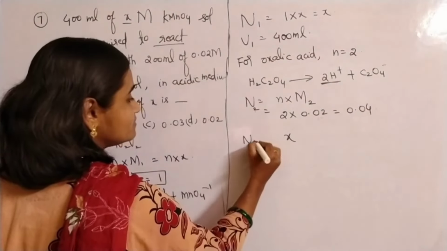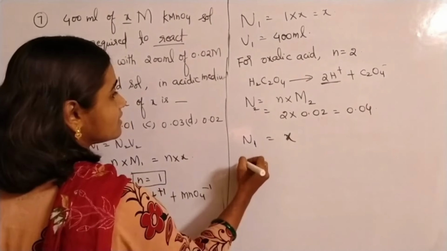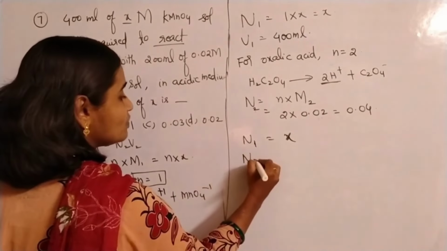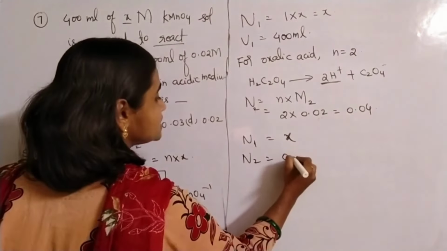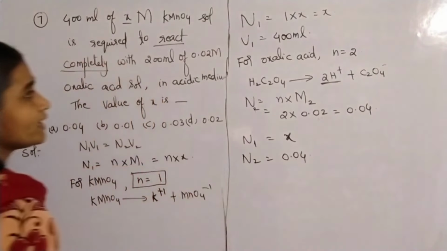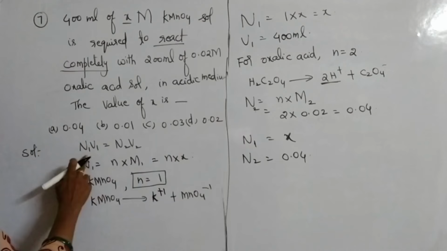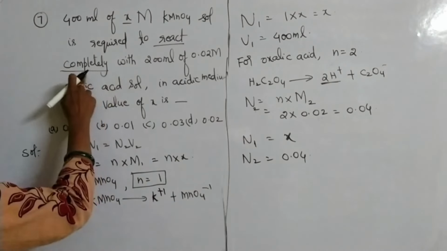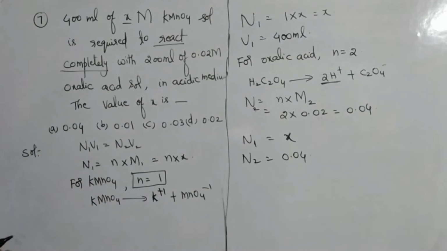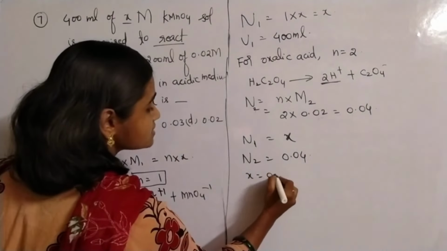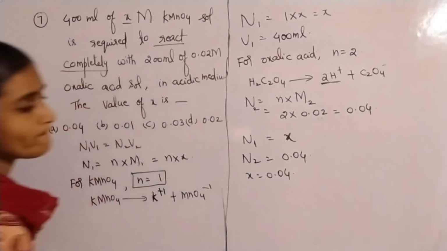Okay, n1 value we got it as x, and n2 value we got it as 0.04. Okay, so in both the cases their normalities are equal. See, complete neutralization is there. Okay, so you can take x value to be equal to what? 0.04.